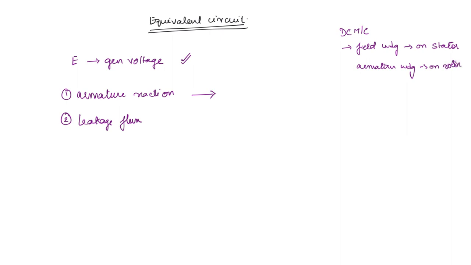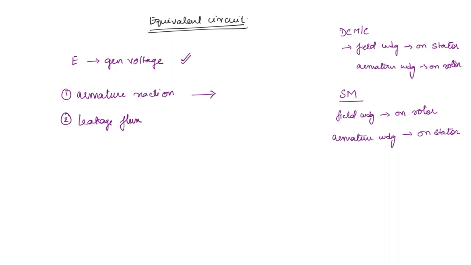So the generated voltage is the armature winding produced voltage, whereas in the synchronous generator the field winding is on the rotor, not on the stator, whereas the armature winding is on the stator.